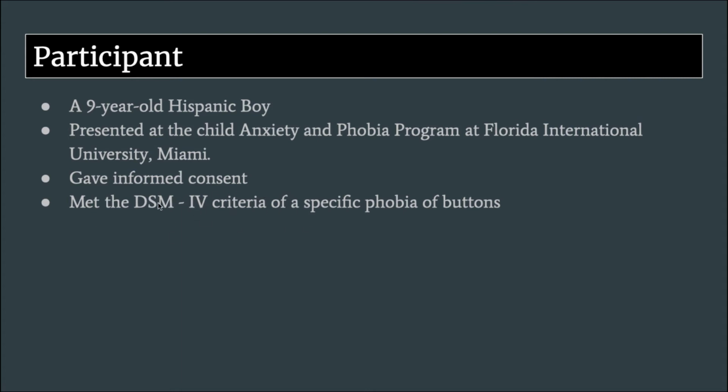For those who do not know, the DSM is basically a diagnostic manual which has a list of symptoms written down. When a person checks off those symptoms, there's a certain criteria set, like you can have a very minimal phobia or a very severe one.